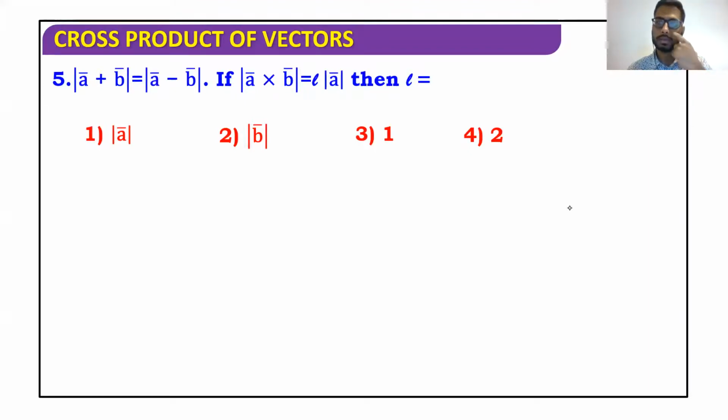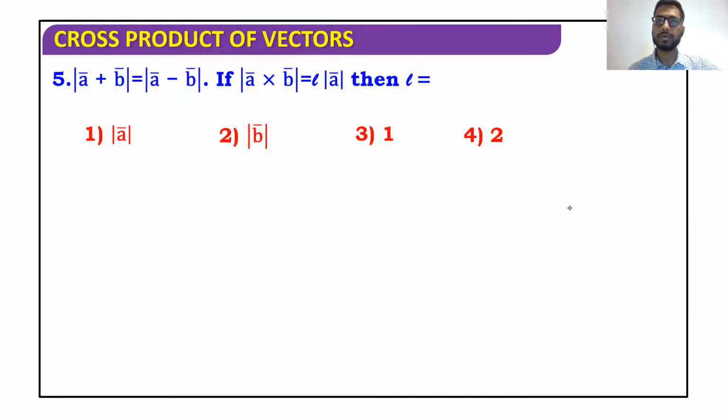That would only be possible if my dot product is 0, that is a dot b is 0. And if my dot product is 0, I can say that the two vectors are going to be perpendicular to each other. So I get my theta in this case, which is 90. And then I'm going to substitute this theta in my cross product value.